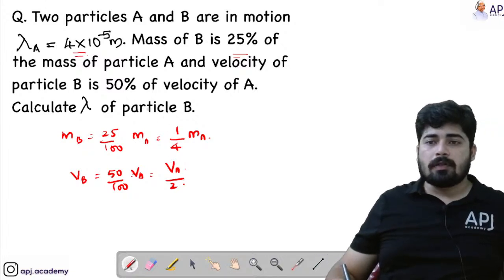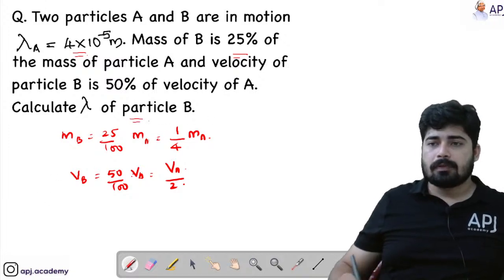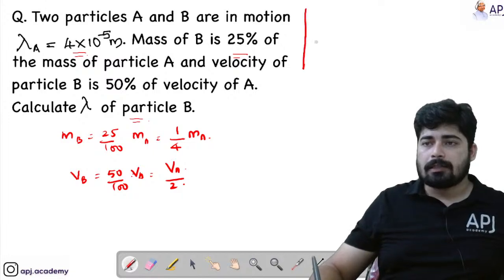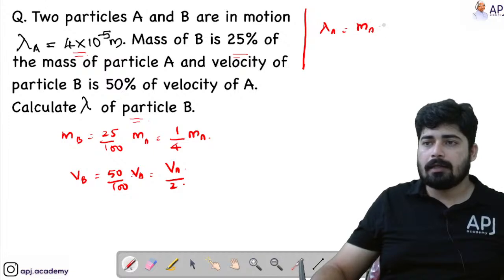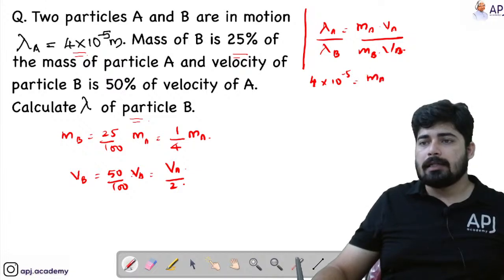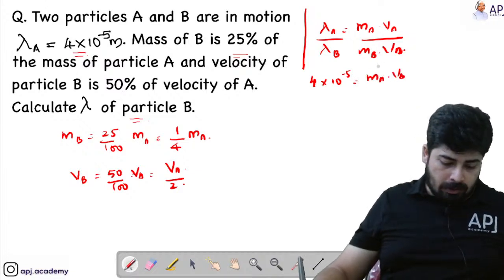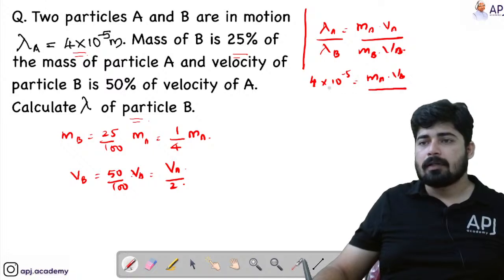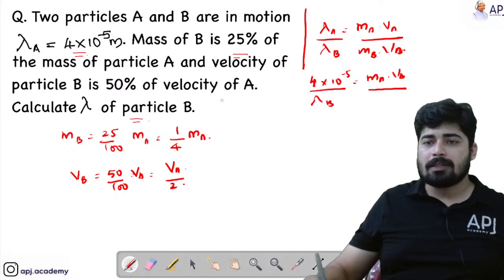So you have to calculate the λ of particle B. Let's take the ratio: λA by λB is equal to MA VA divided by MB VB. We know the value of λA, that is 4 into 10 raised to minus 5, divided by λB. What is MB?